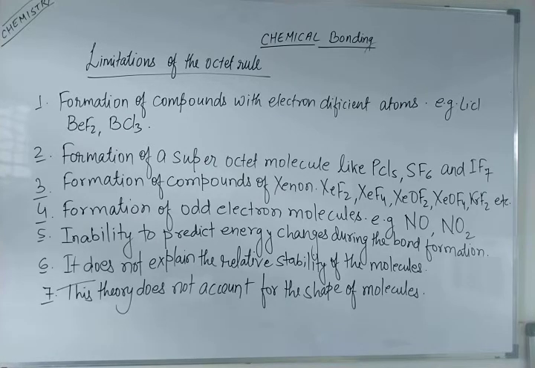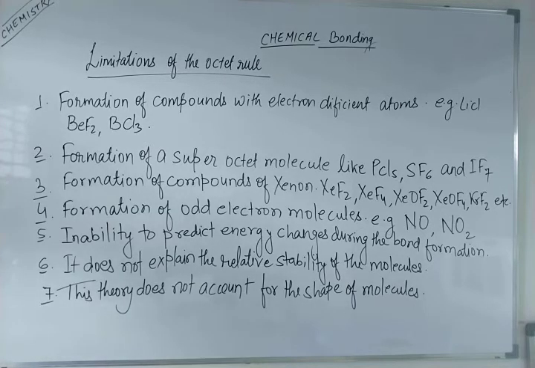There is a formation of odd electron molecules. The octet rule is not satisfied for all the atoms in certain molecules which have an odd number of electrons, like nitric oxide, NO, and nitrogen dioxide, NO2. In nitric oxide, the nitrogen has 3 electrons that should pair, but in NO you will see only 2 electrons are pairing and 3 electrons are still left.